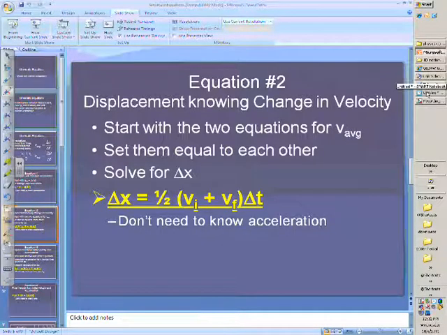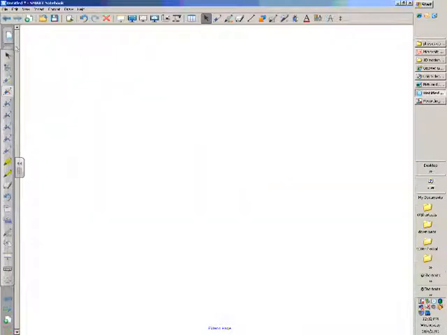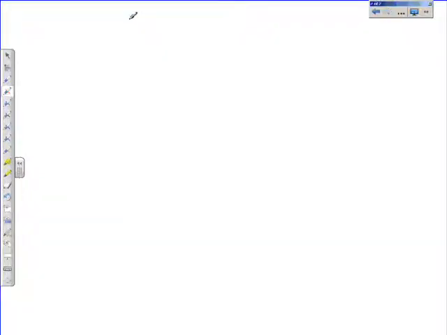I'll go to my notebook software, start myself a new page. First relationship for V average: V average is equal to delta x over delta t, the displacement that occurs divided by the time frame over which that displacement occurs. That's one of our definitions from the first unit.